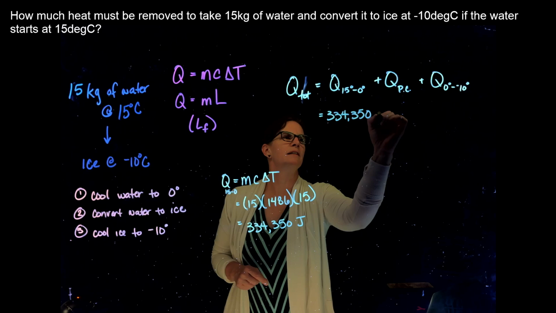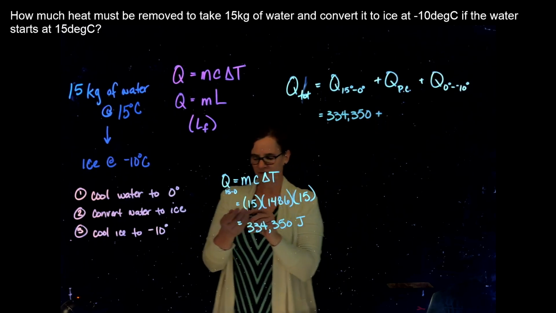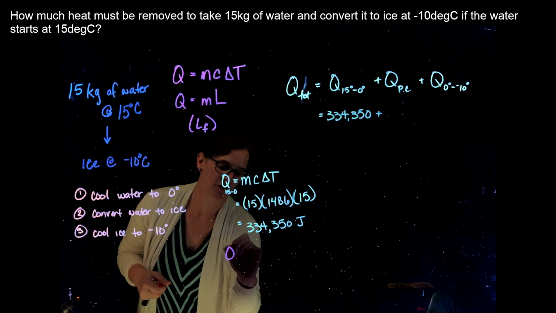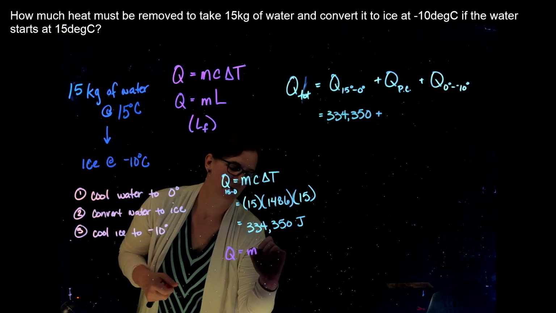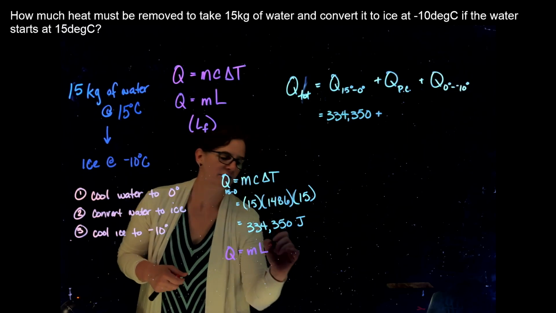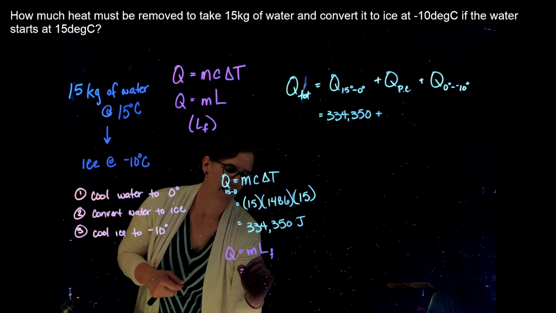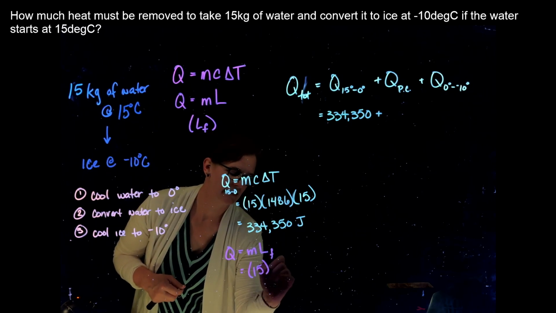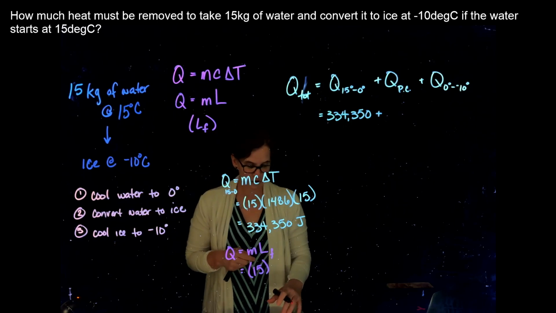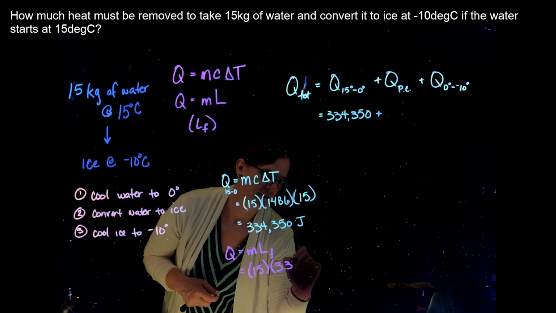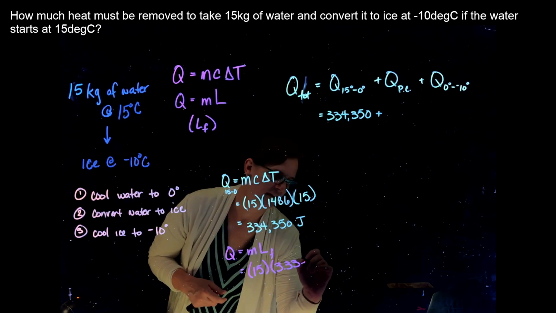All right, now we need the heat for the phase change. Well, that is going to be Q equals M times our latent heat of fusion for water. So again, we have a mass of 15. The latent heat of fusion for water is 3.33 times 10 to the 5th.